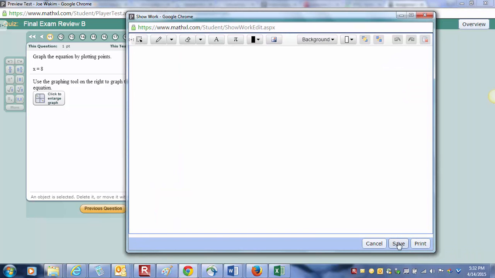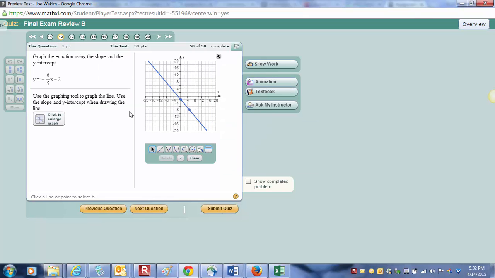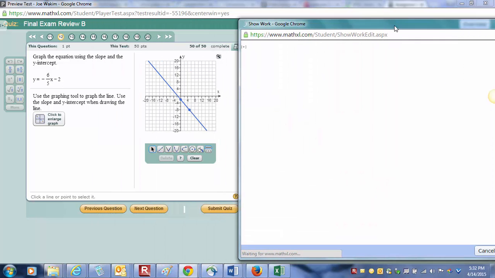Okay. Let's go to the next one, number 12. On number 12, I want to graph the equation using the slope and the y-intercept. So let me show my work here.